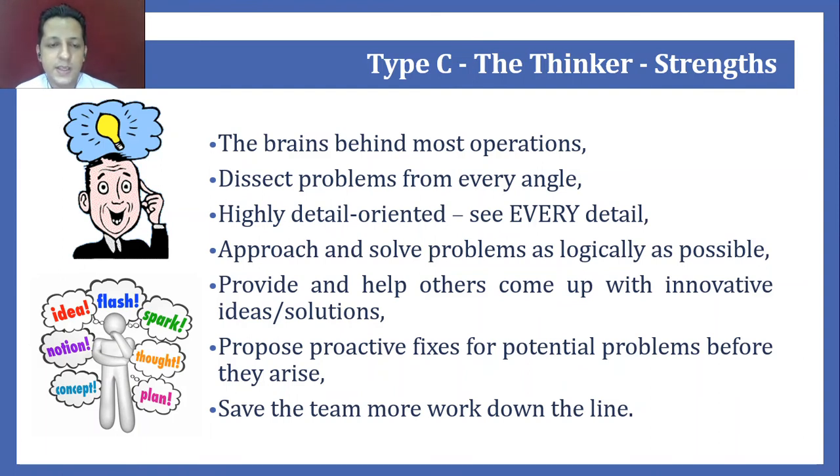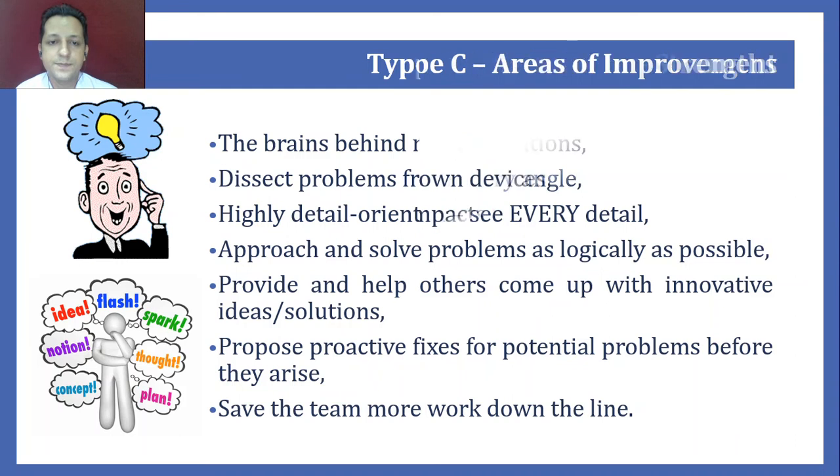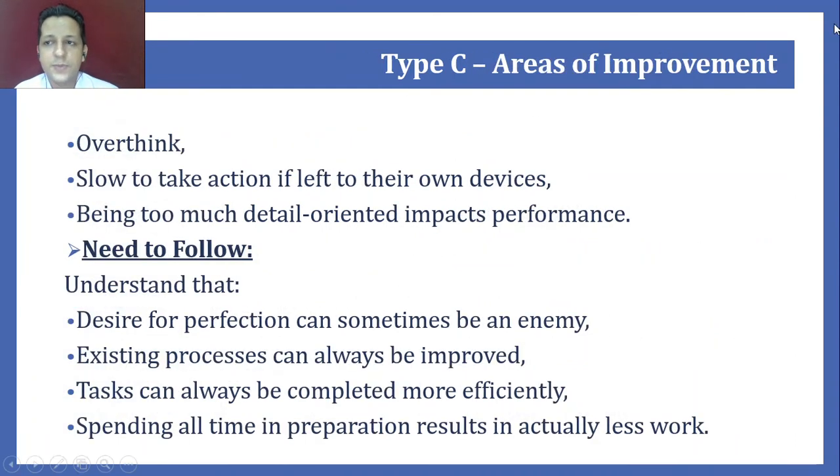So while they are working in isolation, or when they are thinking about something, we might feel that this fellow is taking too much time, but usually it is to the advantage of the entire team, because otherwise it creates more work in the future. Well, the areas of improvement of such types of people are, as I've already mentioned, at times such kinds of people may overthink.